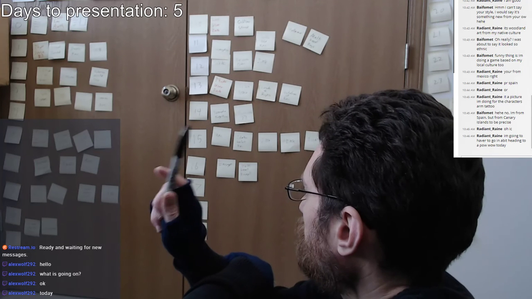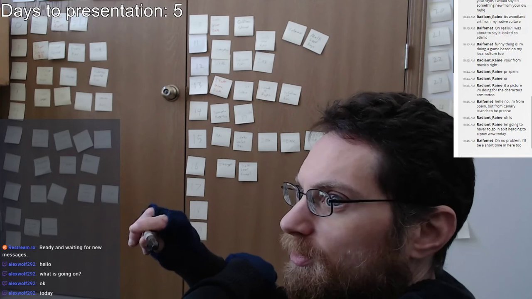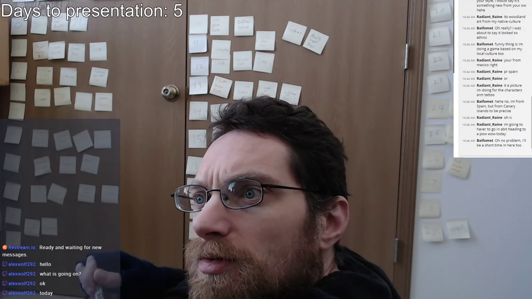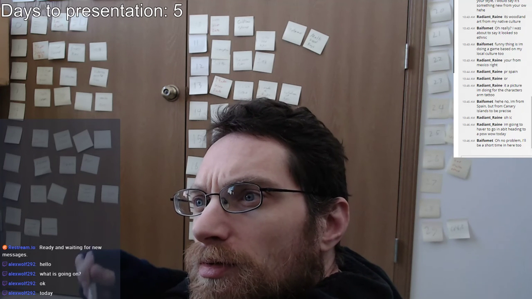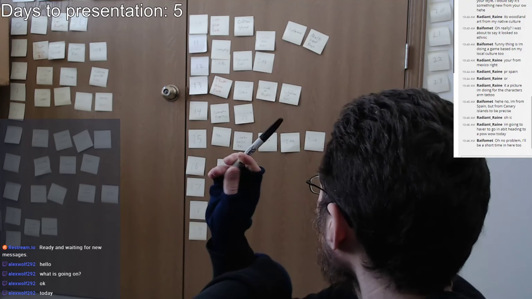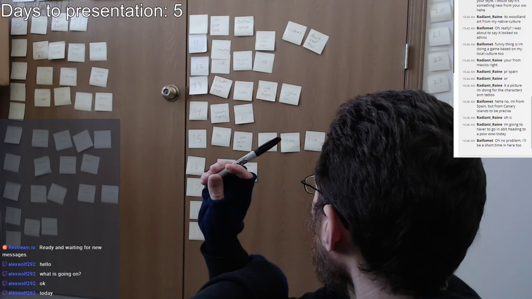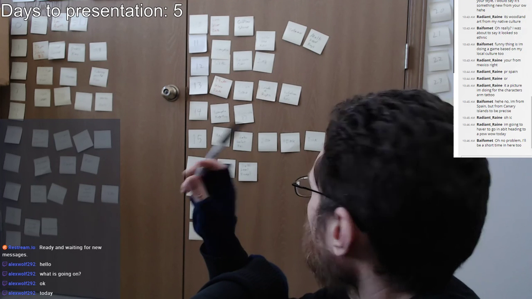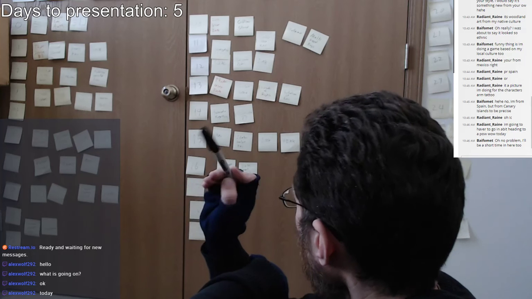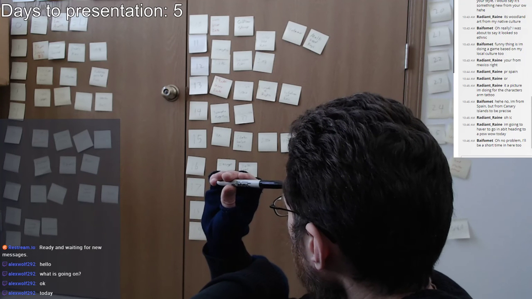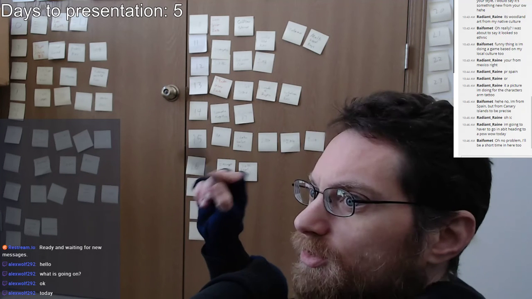SQRL defines its sort of master offline key as identity unlock key, I believe. I have to double check that as well. Which gets you your identity master key.